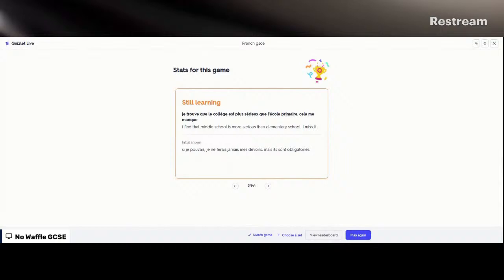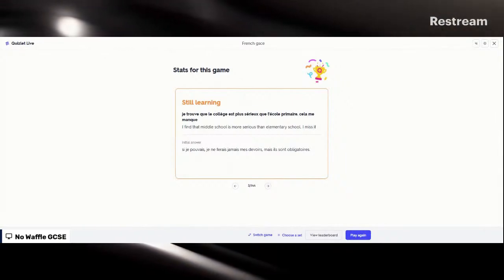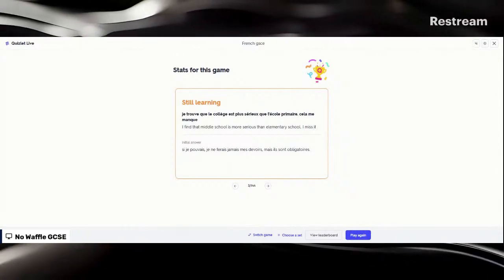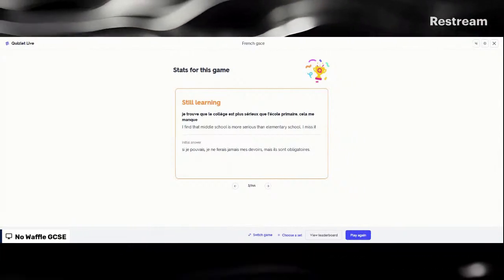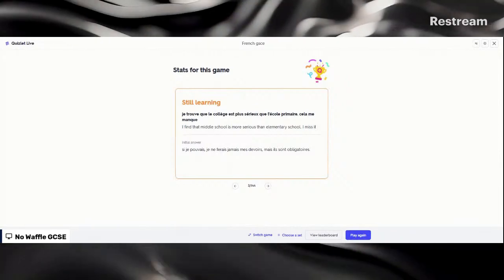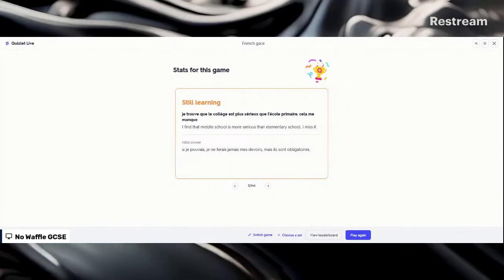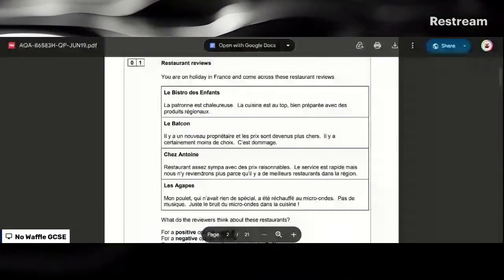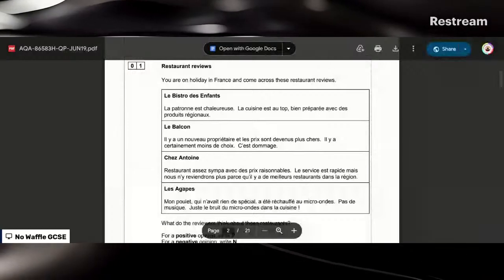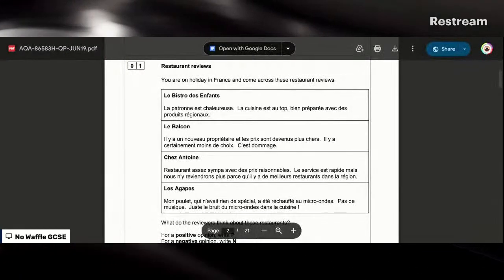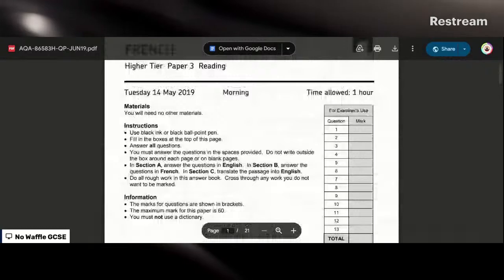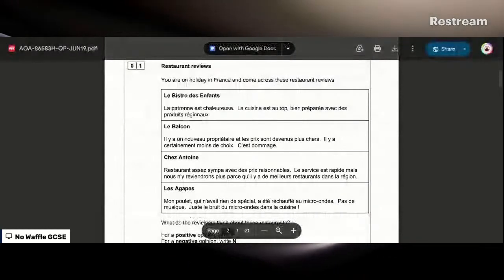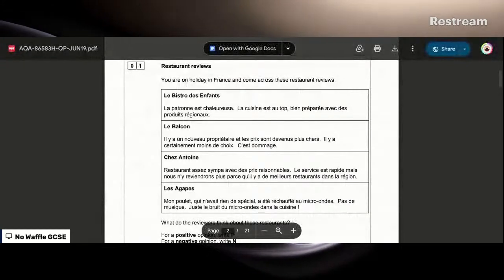So this is the 2019 higher reading paper. So let's go through this.